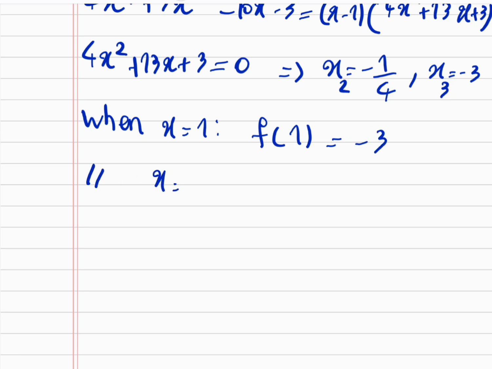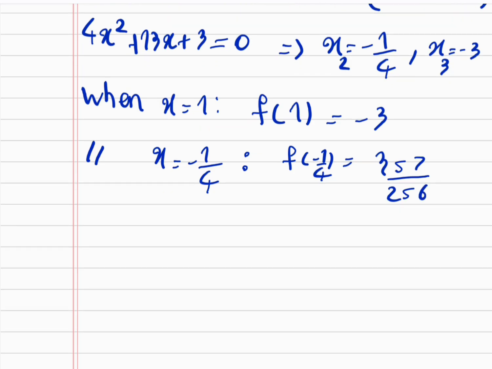When x is equal to minus a fourth, f of minus 1 over 4 is equal to 357 over 256, so not the nicest number. And finally, when x is equal to minus 3, f of minus 3 is minus 35.